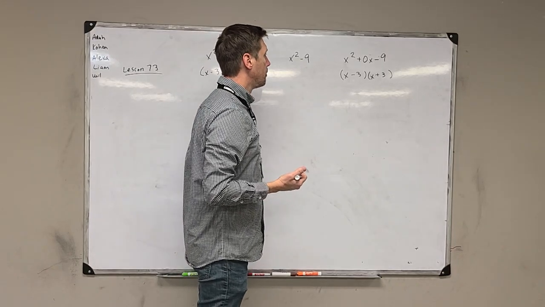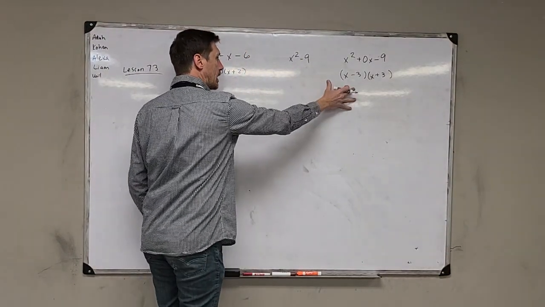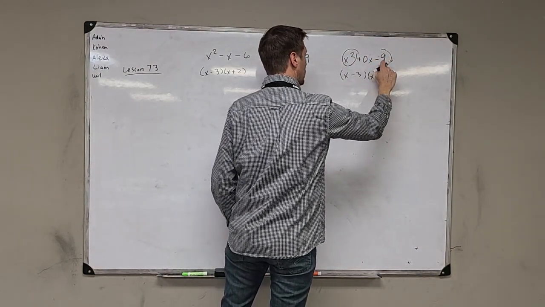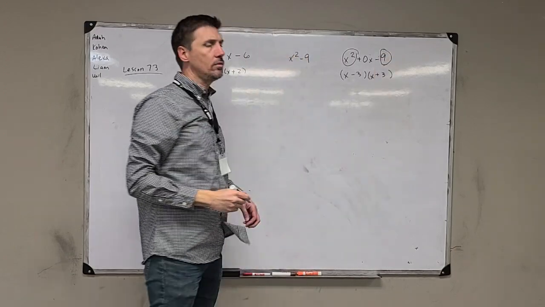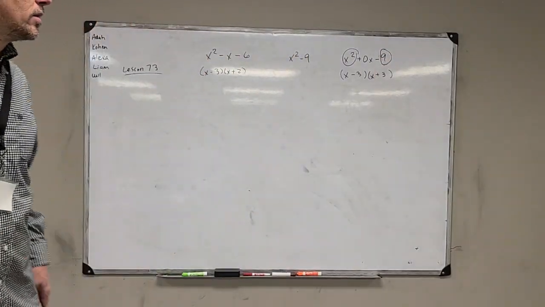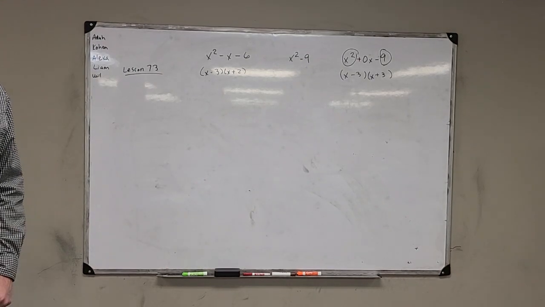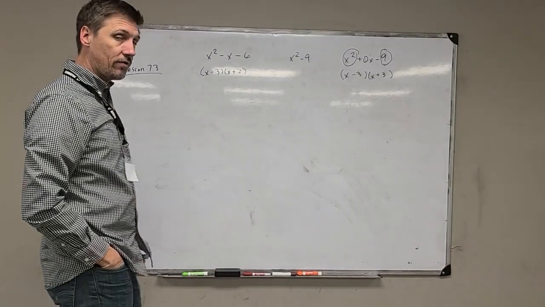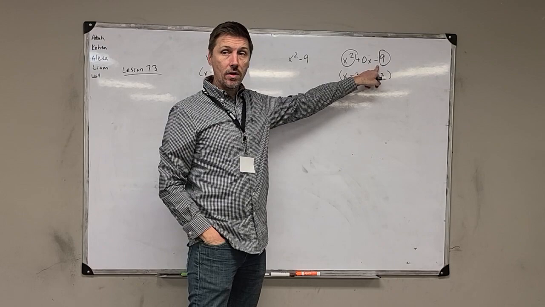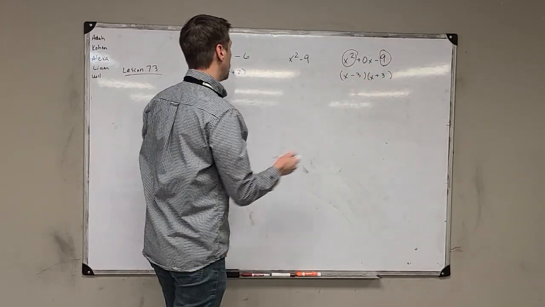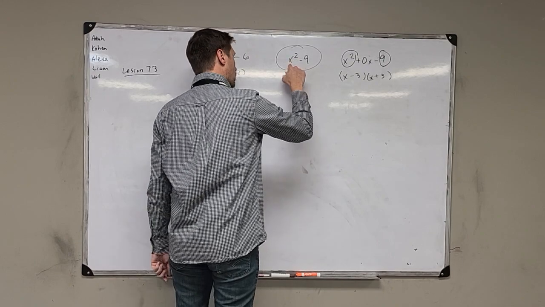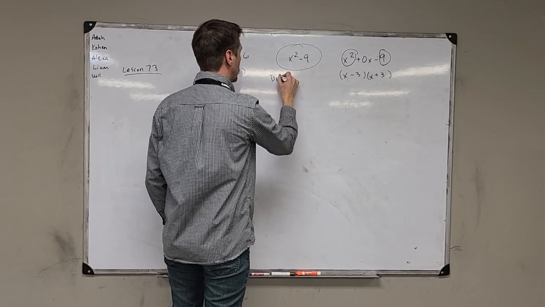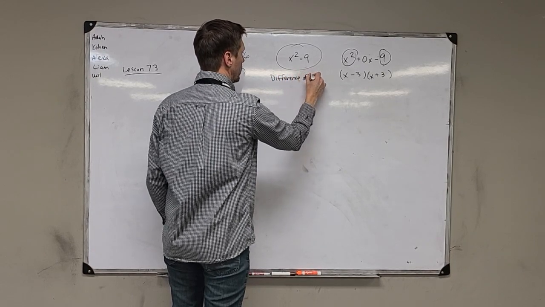And it turns out that this will always be the case if these two numbers right here are perfect squares. 9 is a perfect square. So if that was 4 on the end, or 9, or 16, or 25, and there's a minus sign in front of it, then where you have a perfect square here and a perfect square here with a minus sign in between, we call that the difference of two squares.